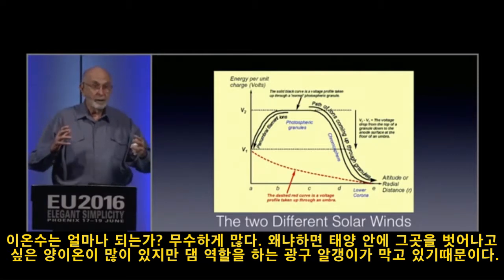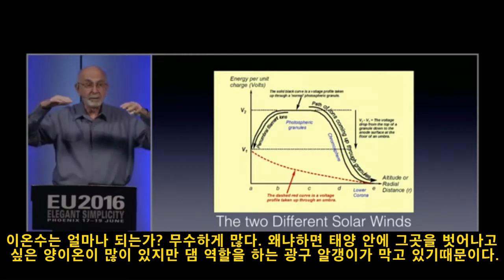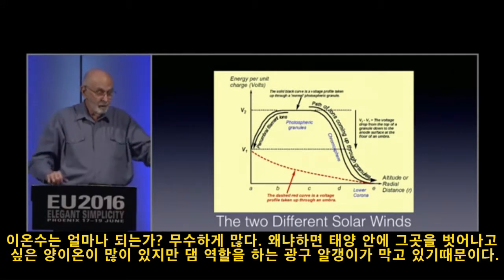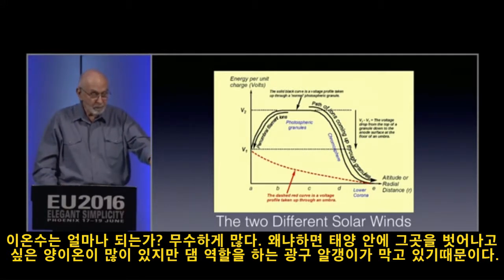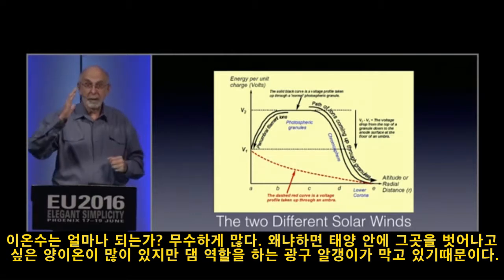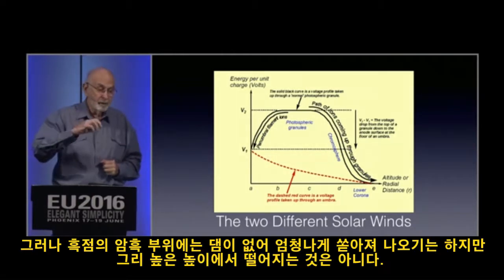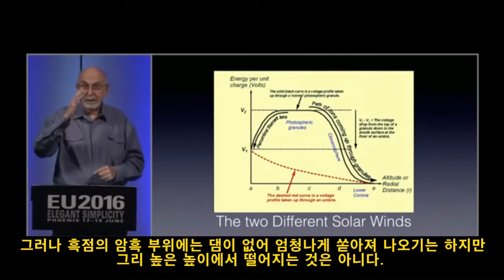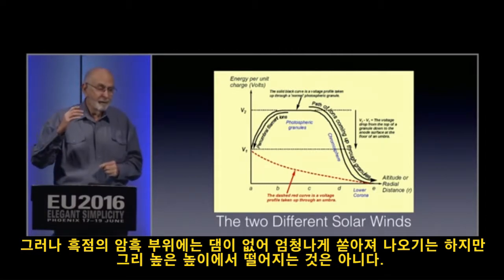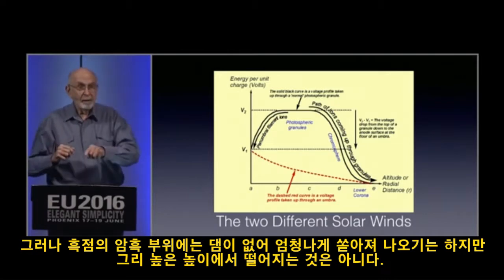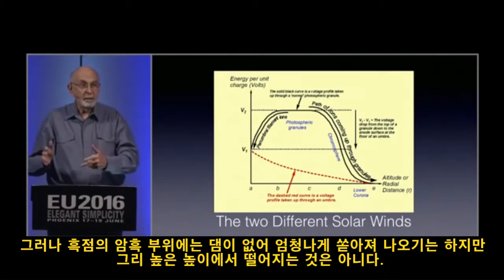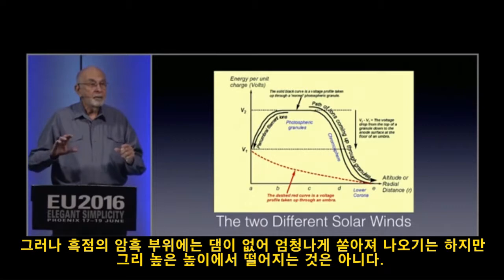And the only reason they can't all get out is because in a lot of areas, the photospheric granules, the dam, stops them. But at an umbra, there is no dam wall. That's D-A-M. So they flood out voluminously, but they don't fall from such a high height.